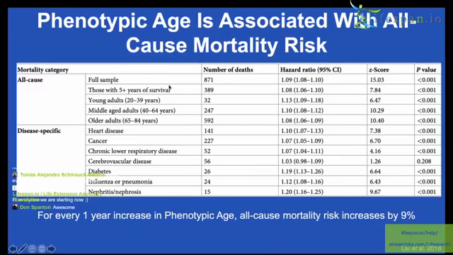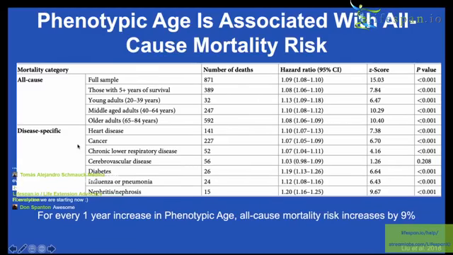You can see that here by looking at all-cause mortality for the full sample, a significant 9% increase for each 1 year increase in biological age. This finding was also true whether looking at young adults, middle-aged adults, or older adults.